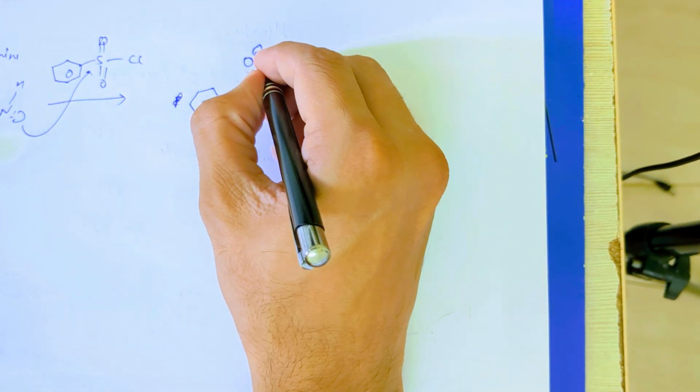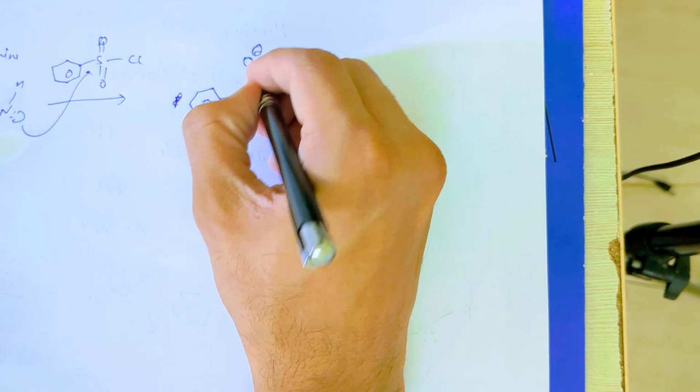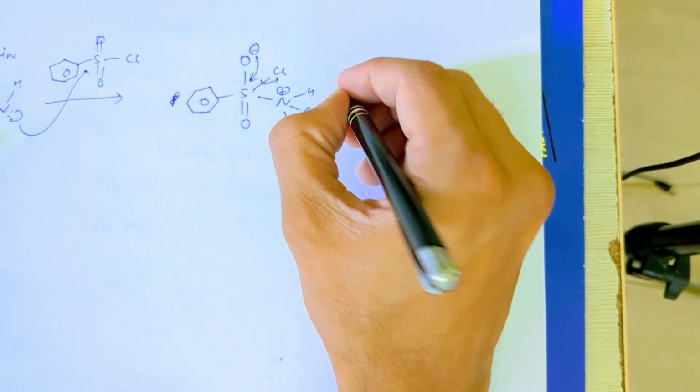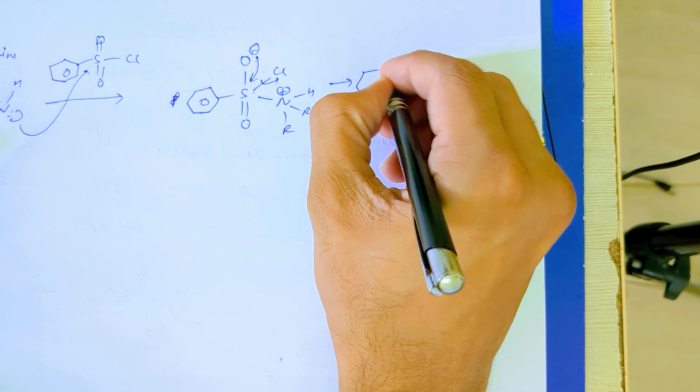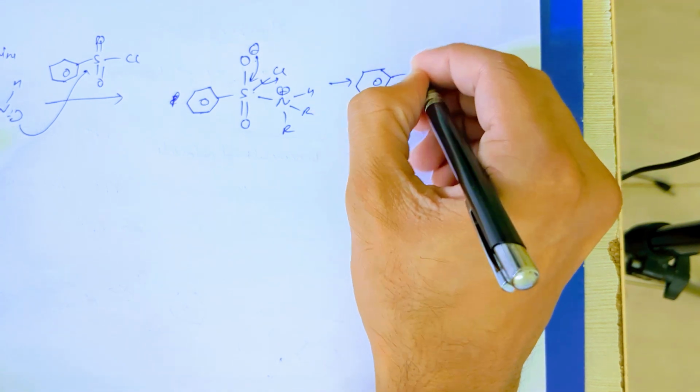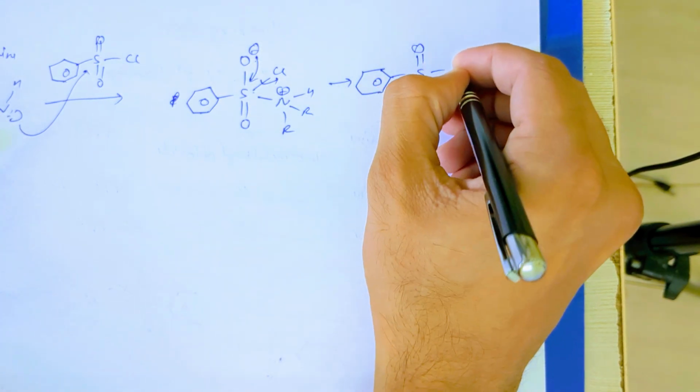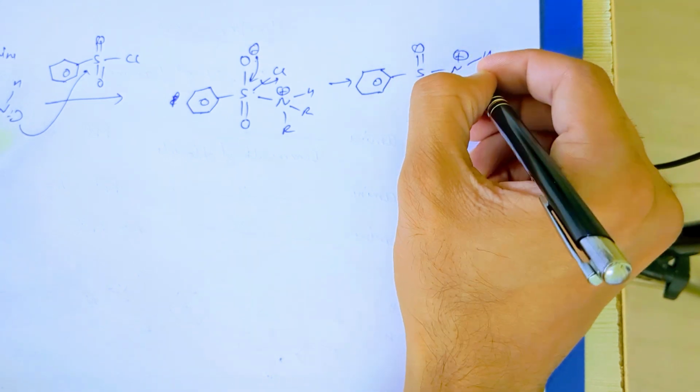Again, to gain stability, it will donate the electron to the sulfur and cleavage of the sulfur chlorine bond occurs, and we get again a positive charge on nitrogen.